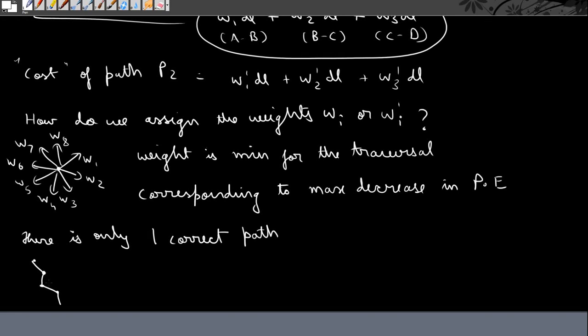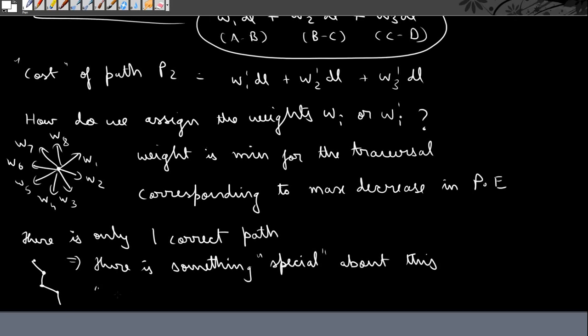So for this one unique path, some special condition must be satisfied. There must be something special about this correct path.